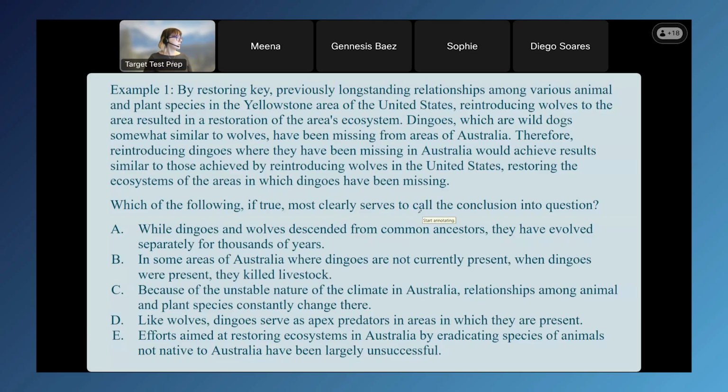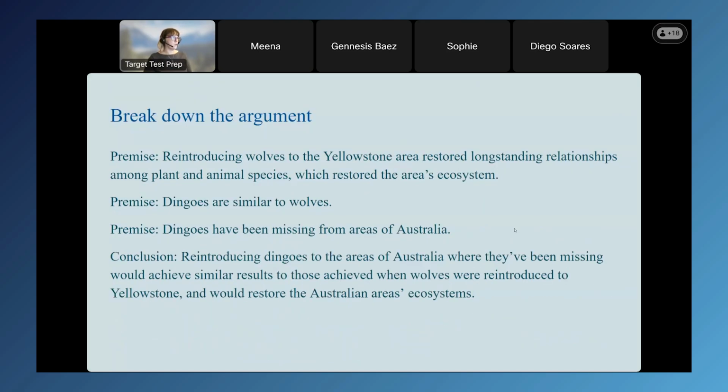So, the first thing is this is kind of how I would break it down. We know that reintroducing wolves to Yellowstone restored longstanding relationships among plant and animal species, which restored the area's ecosystem. Dingoes are similar to wolves, and dingoes have been missing in a similar way that wolves were missing from Yellowstone.